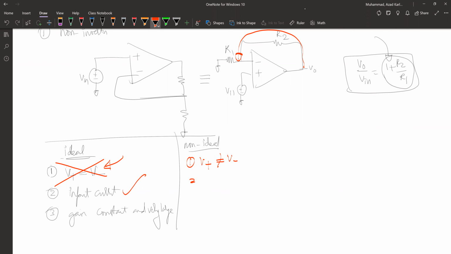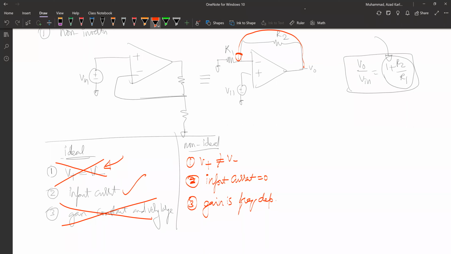The second one is still valid because the input impedance of the op-amp is still very large, close to mega ohms, so we can still say that input current is 0. And the third one is no longer valid because the gain is not constant, but frequency dependent. These are the non-ideal assumptions.